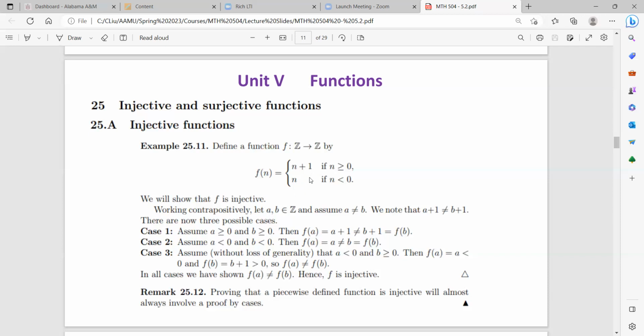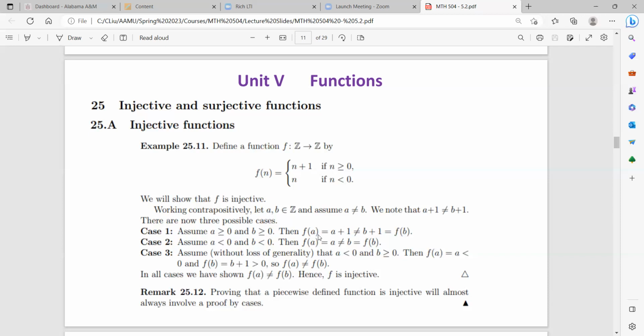Then we need to show A plus 1 would not be equal to B plus 1, because that's our goal. We assume A not equal to B, then we should conclude that f of A not equal to f of B. And that's actually the case because A is not equal to B, so A plus 1 is not equal to B plus 1, obviously.